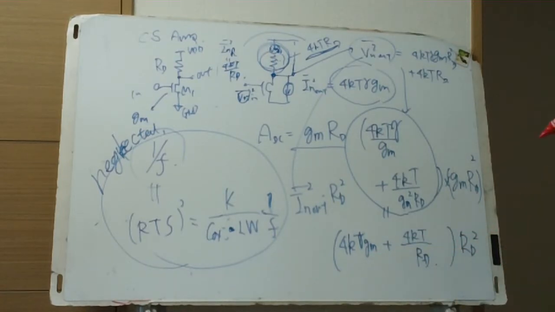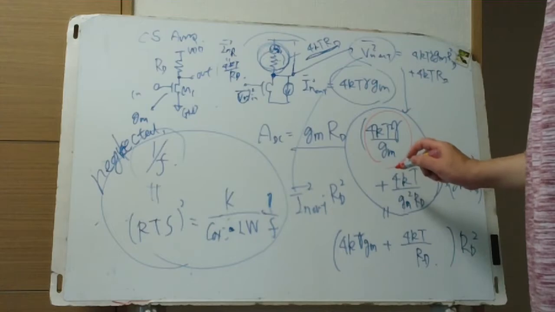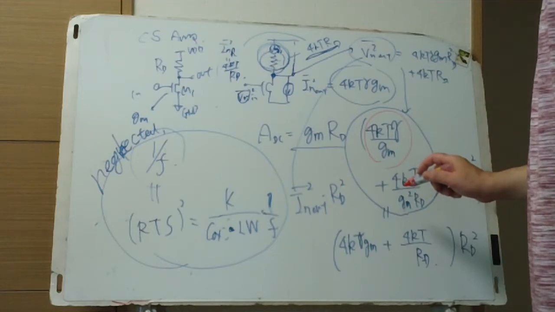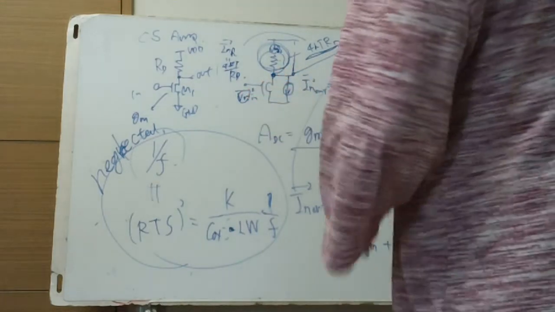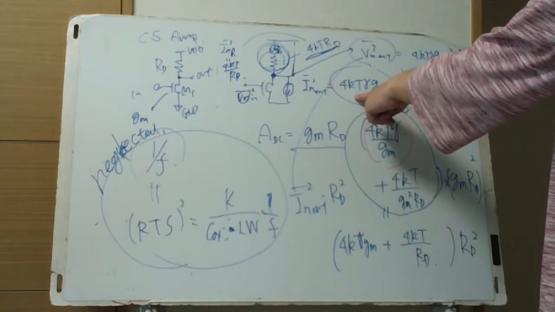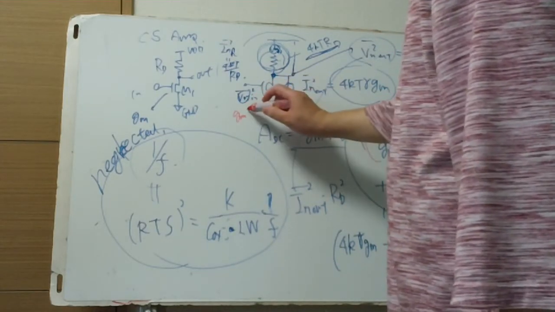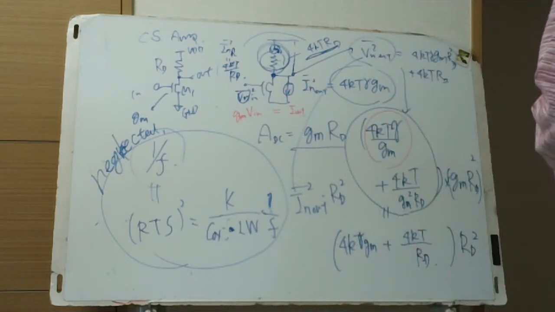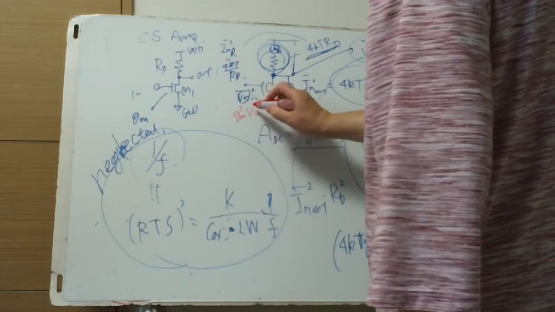Following the 4-step procedure of this textbook, we must find the input referred current noise of this channel, because gm V in equals I out. I out squared is this, and gm squared V in squared.